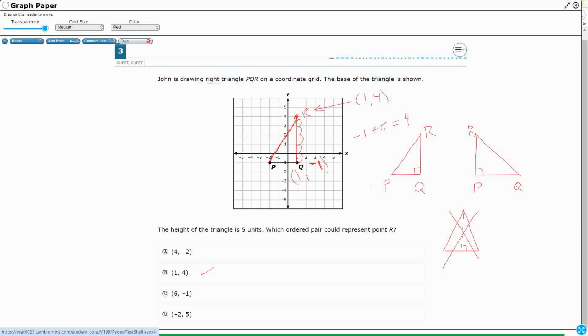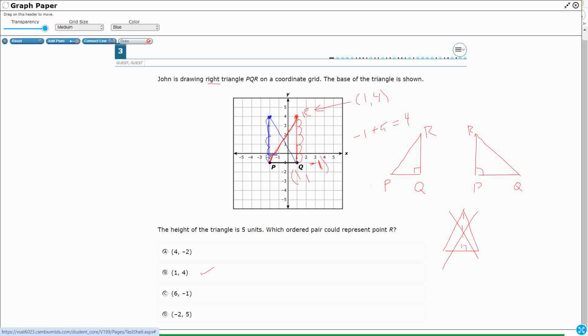Now, let's see what other options we have, because it never even said that we had to go up. We could go down, right? So if we wanted to go up here, I'm going to draw this in a different color. 1, 2, 3, 4, 5. All right, so I could do this. This would also work, right?